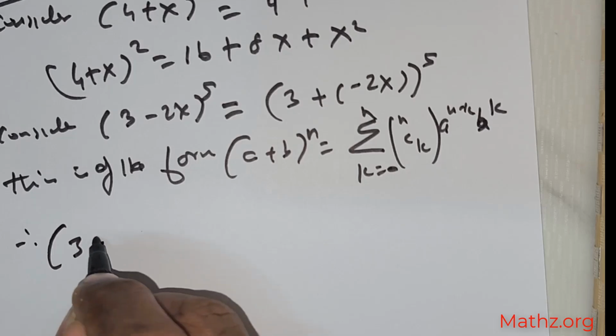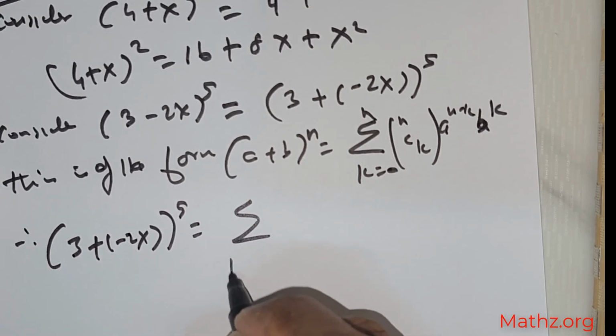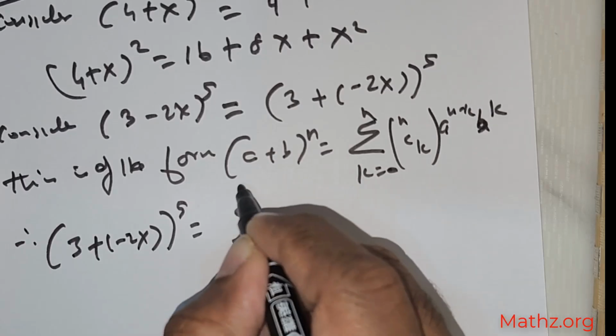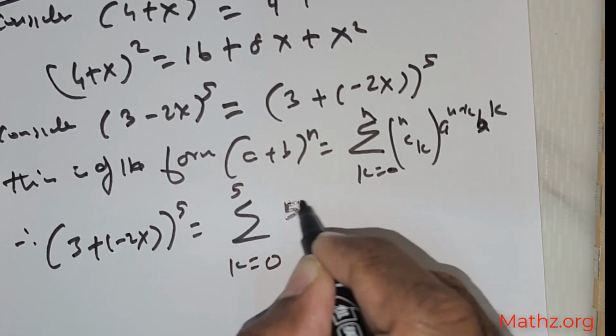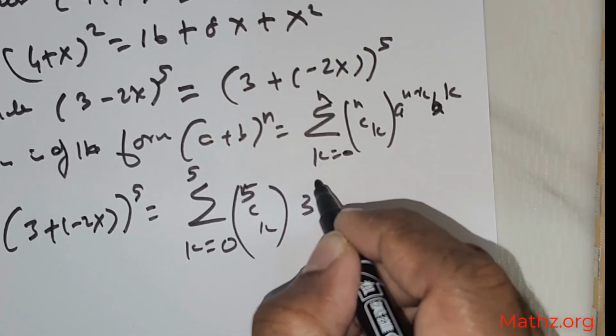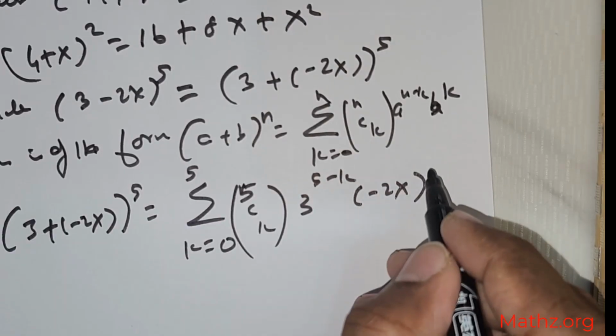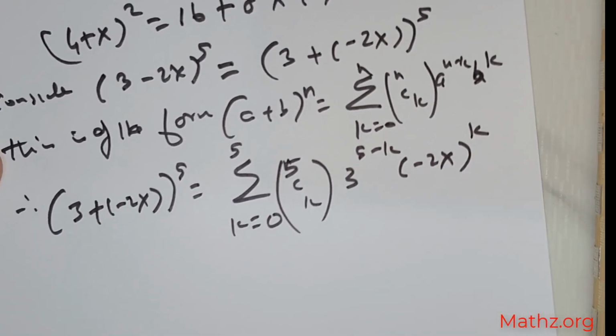Therefore (3 + (−2x)) raised to the power of 5 is equal to the sum from k = 0 to 5 of 5Ck times 3 raised to the power of (5 − k) times (−2x) raised to the power of k.